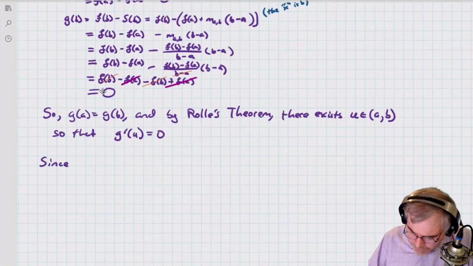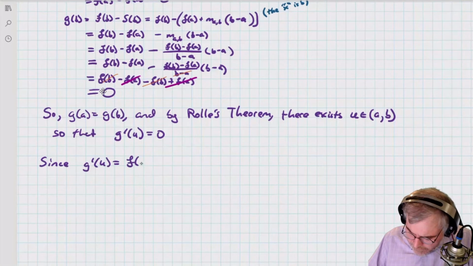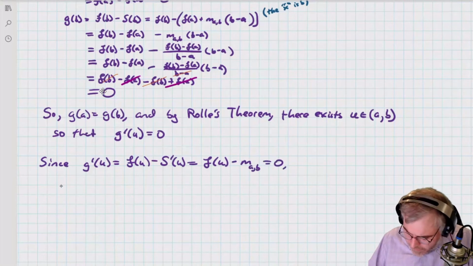Since g prime of u equals f prime of u minus s prime of u, which equals f prime of u minus m_ab, which equals 0, we have the whole thing.